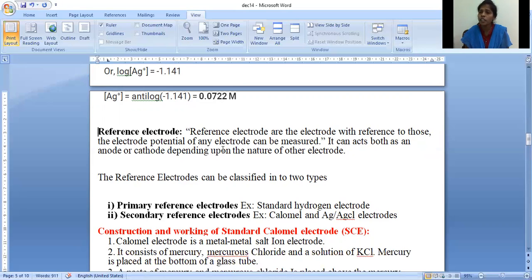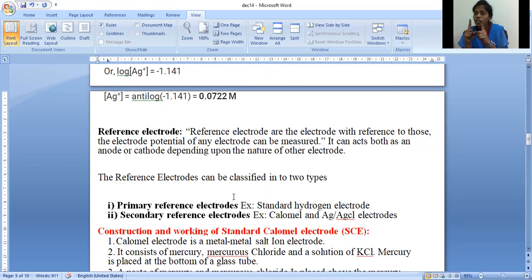A reference electrode is nothing but the electrode whose electrode potential is known, which is used to determine the electrode potential of an unknown electrode or any electrode.